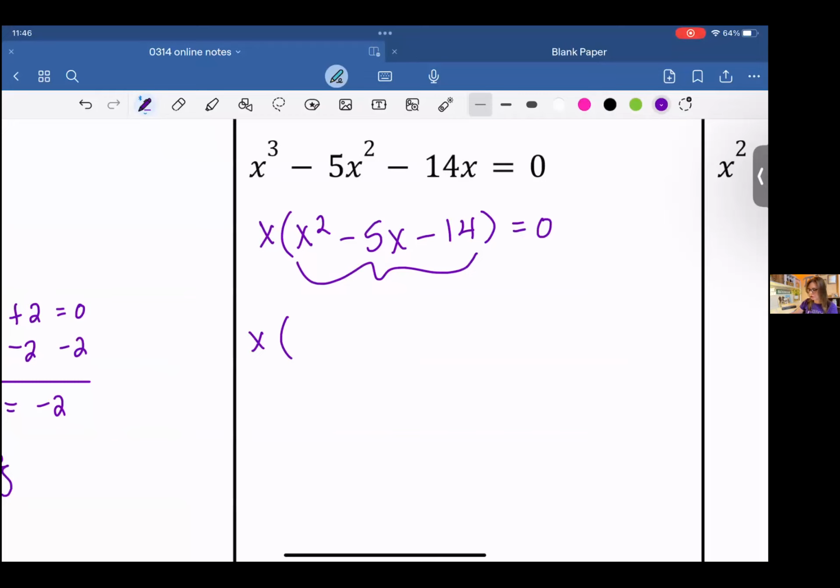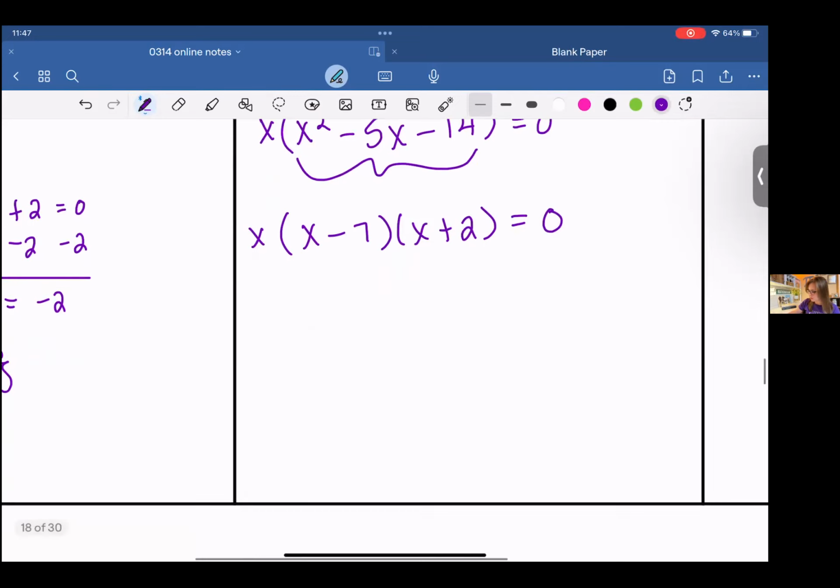It's still a cubic function because we have this x outside, so it makes it cubic, but just go with it. Looking for factors of negative 14 that add to negative 5. That's going to be negative 7, positive 2. And then we can still use the zero product principle, and we can split these up. We're running out of room over here, sorry.